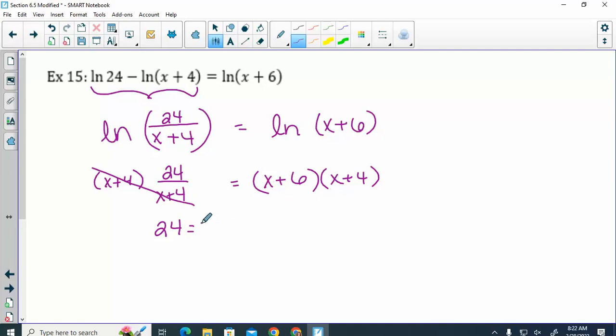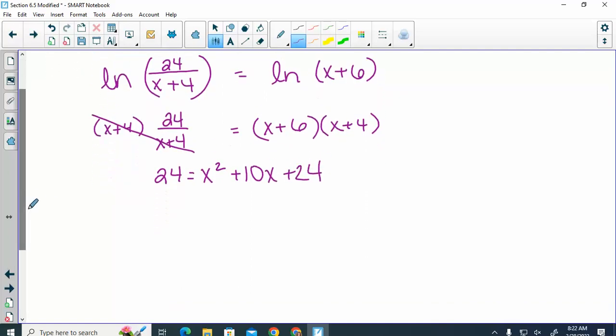So if we FOIL here, we get x squared plus 10x plus 24. Quadratic, we always set those equal to 0, so if you subtract the 24 over, then how do we factor that?